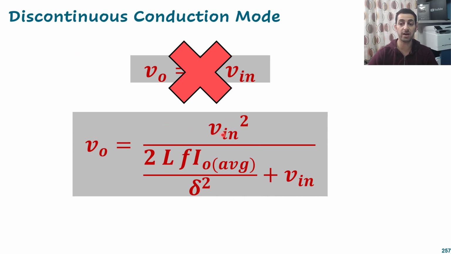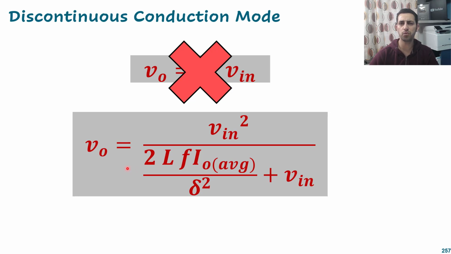As we see here, we have V input squared divided by 2 LF I output. So our output voltage now has a relation with the output current or the load. And this is one of the disadvantages of discontinuous conduction mode. Your output voltage will change with the output current or output resistance.